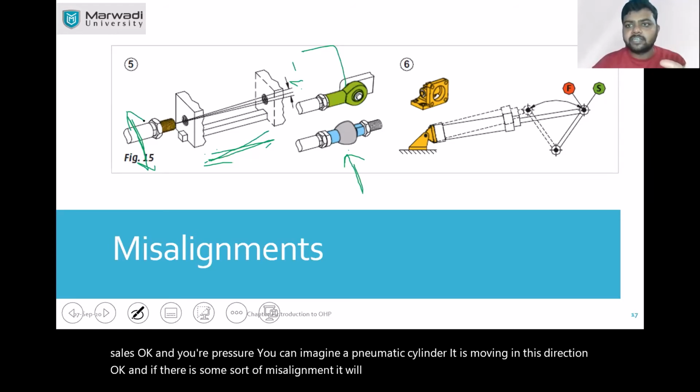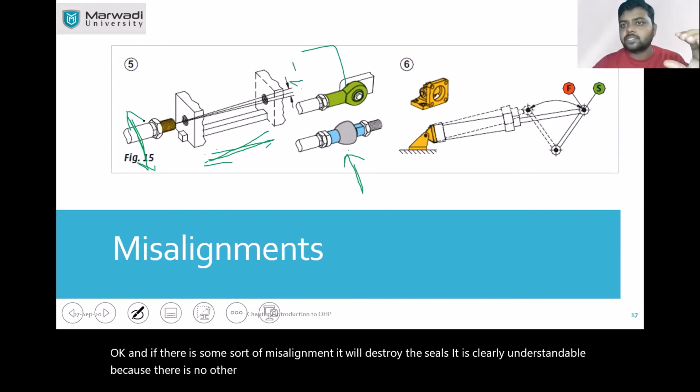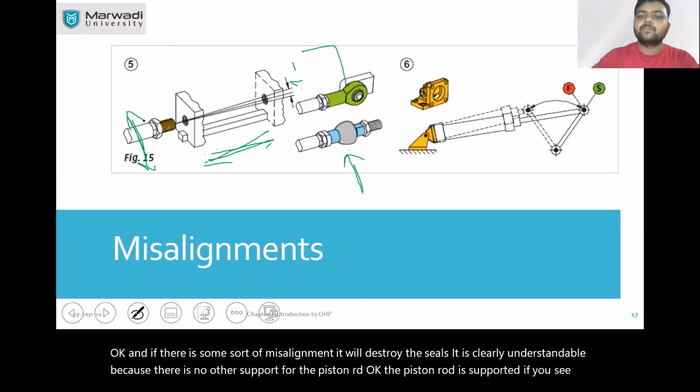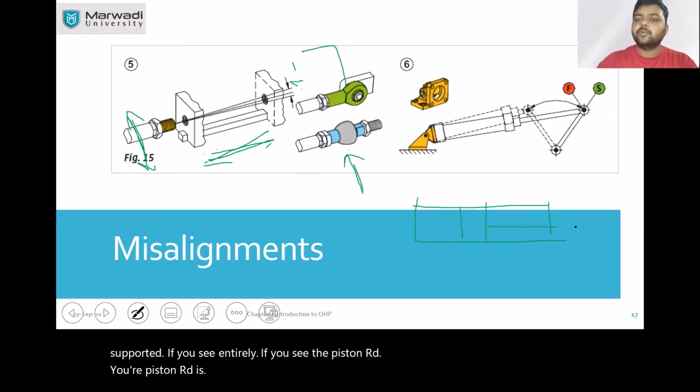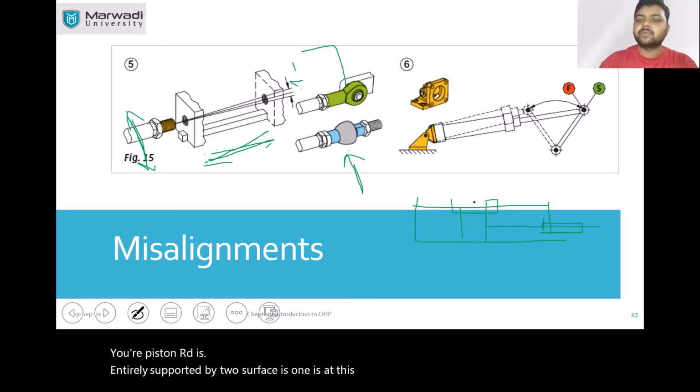It is clearly understandable because there is no other support for the piston rod. If you see it entirely, your piston rod is supported by only two surfaces: one is at this seal and the second is at this point, right?